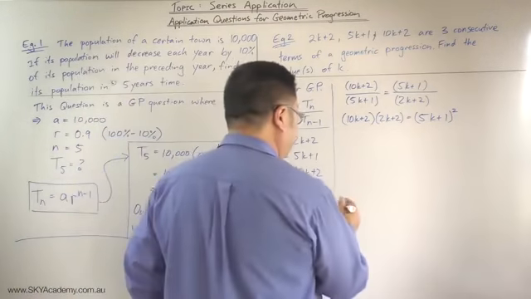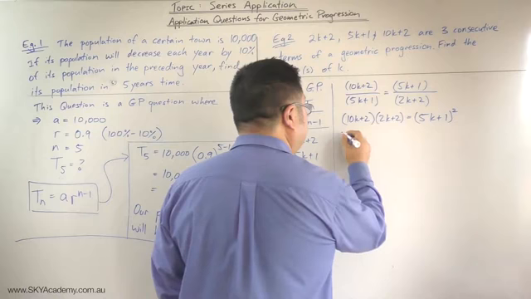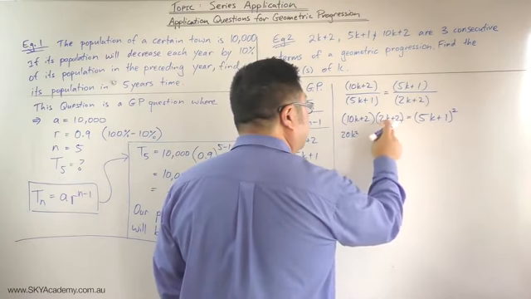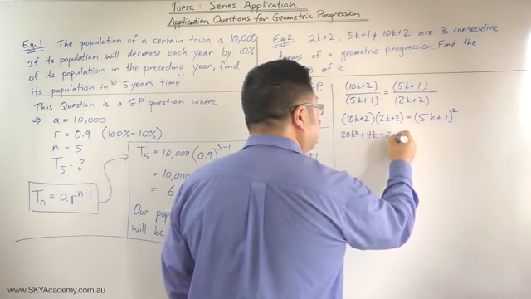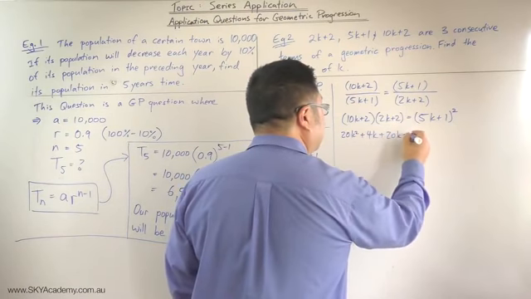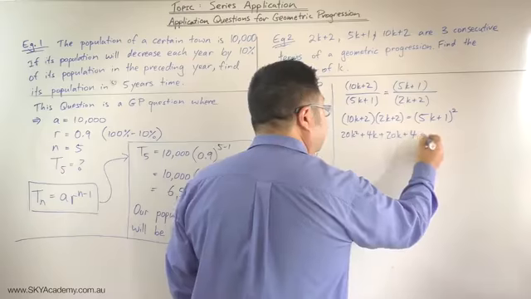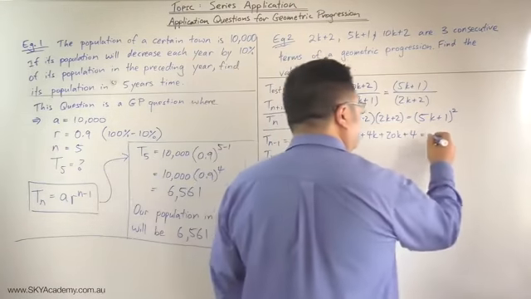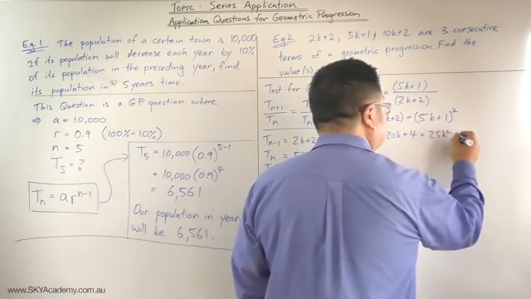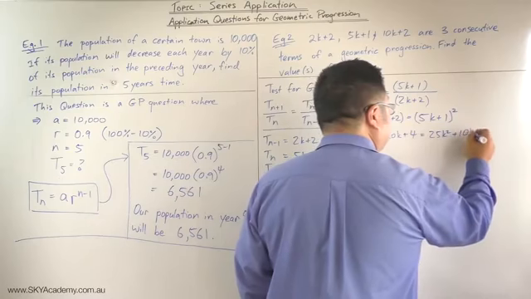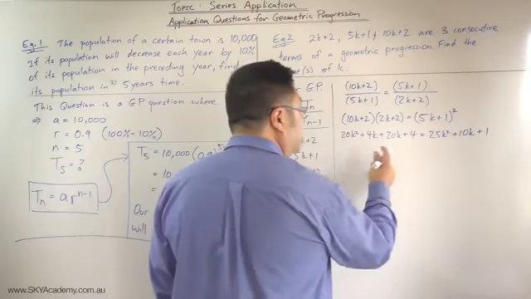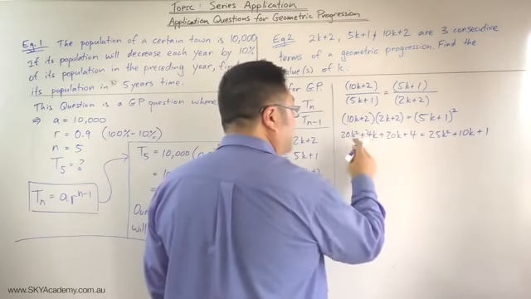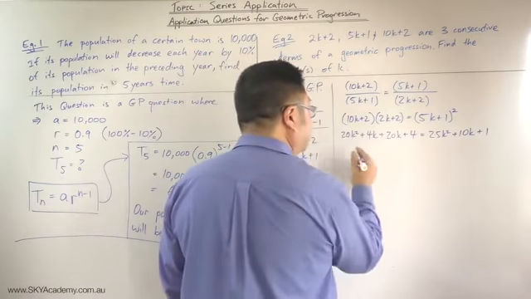Let's just do that. So what we have here is 20k squared plus 4k plus 20k plus 4 is equal to 25k squared plus 10k plus 1. Let's bring everything over to the other side.